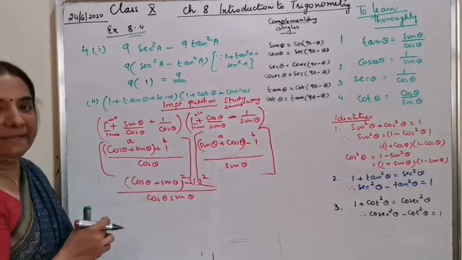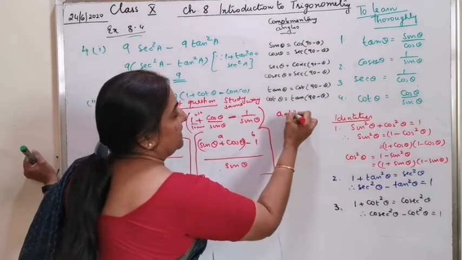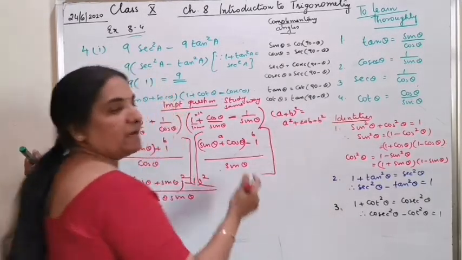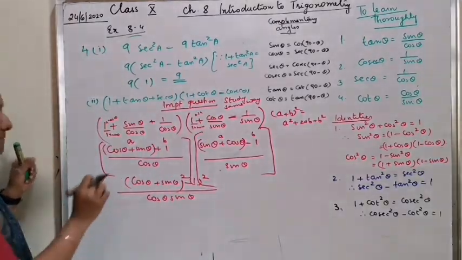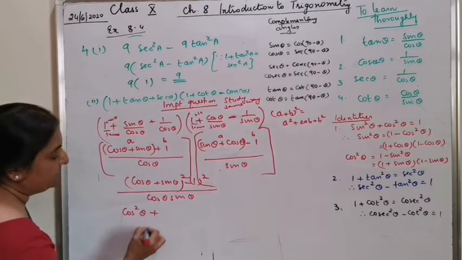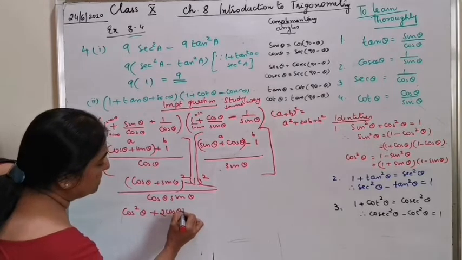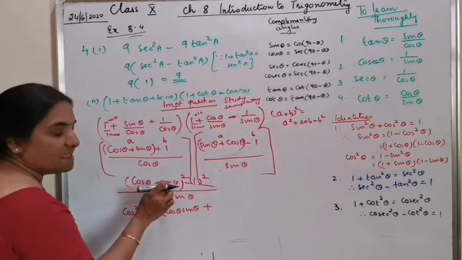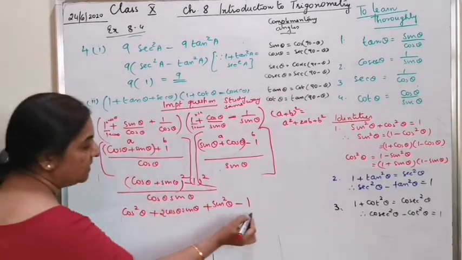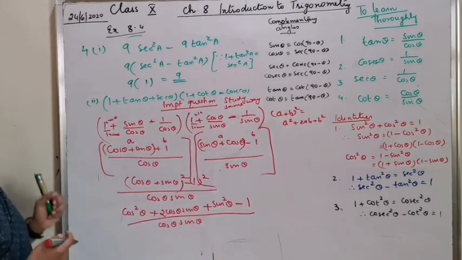Let us expand A plus B the whole square. What is A plus B the whole square? It is A square plus 2AB plus B square. As per the same expansion, cos theta plus sin theta the whole square is cos square theta plus 2 cos theta sin theta plus sin square theta, minus 1 square, by cos theta sin theta.